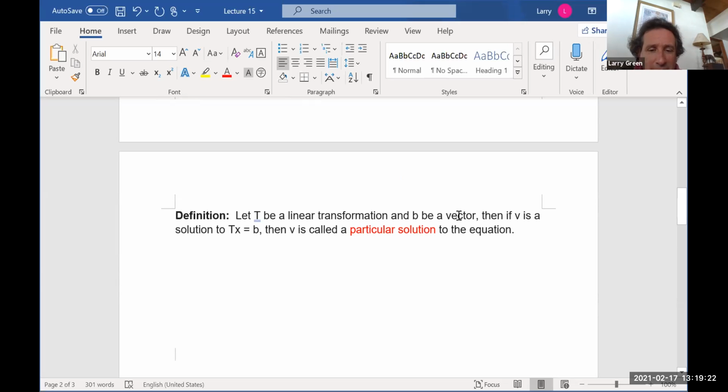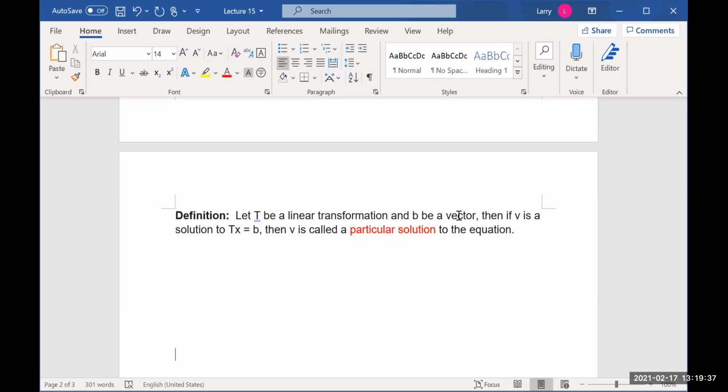Now do you guys remember what a linear transformation is? It's been a week, so I can't assume anything anymore. Do y'all remember what a linear transformation is? It's the transformation of a matrix that just has one output to every input.